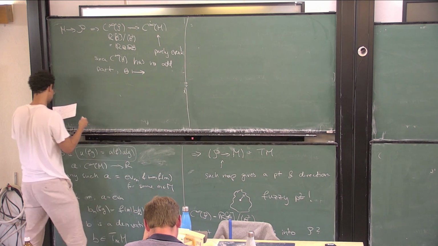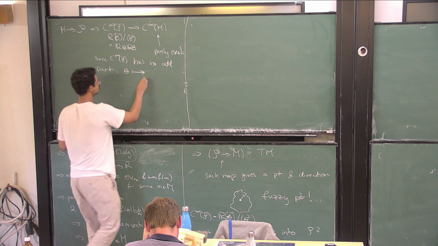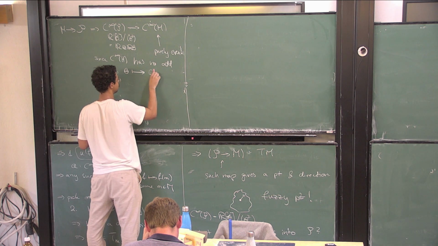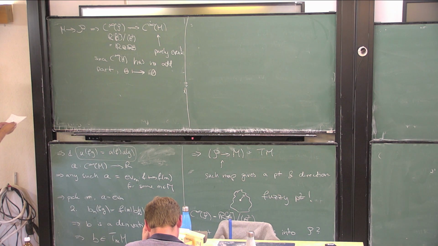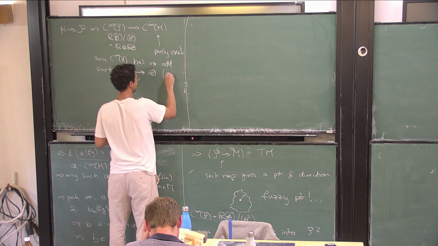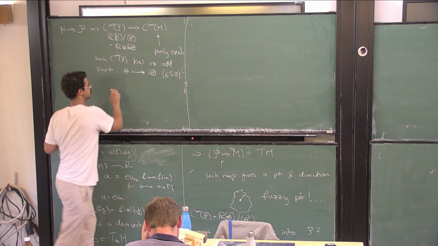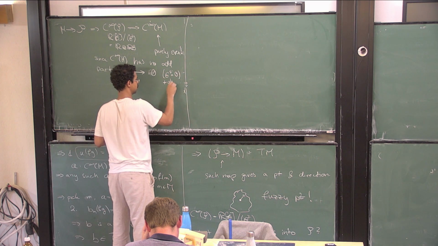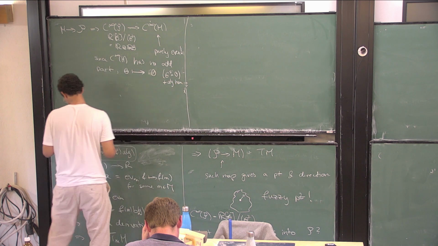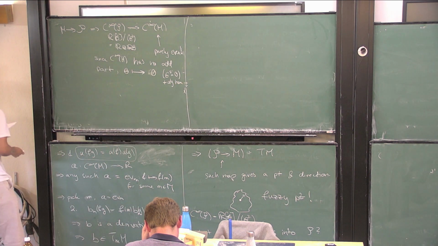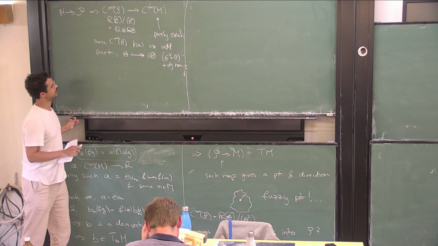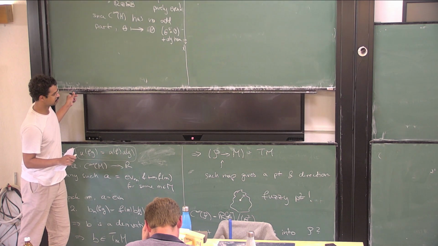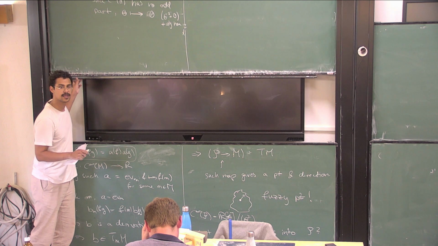Necessarily we would send theta to the constant zero map, just zero, since theta squares to zero and you want an algebra homomorphism. So you just kill everything.